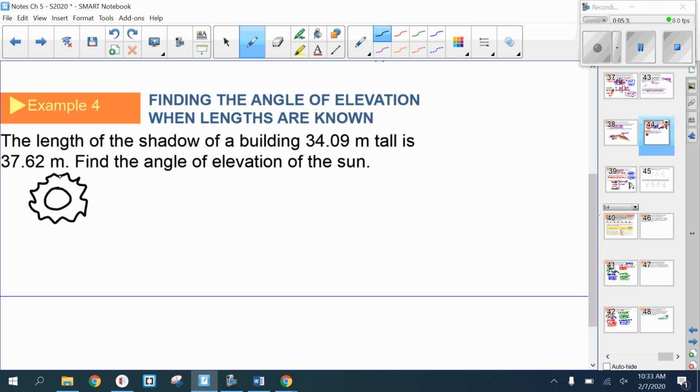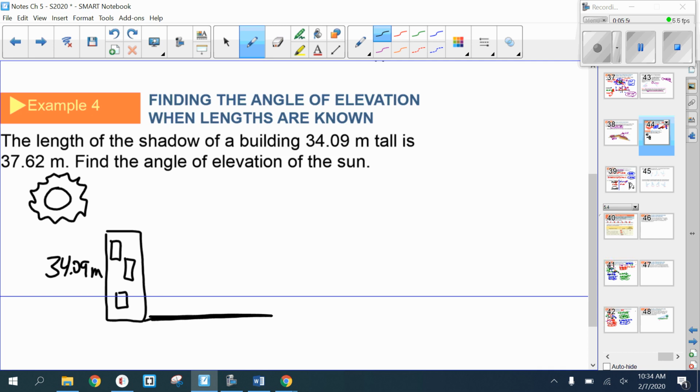There's a sun shining on a building, and that building is 34.09 meters. The sun shines down and there's a shadow. That building has a shadow that is 37.62 meters.